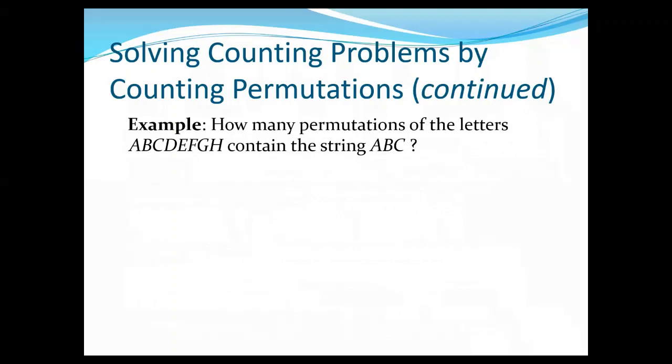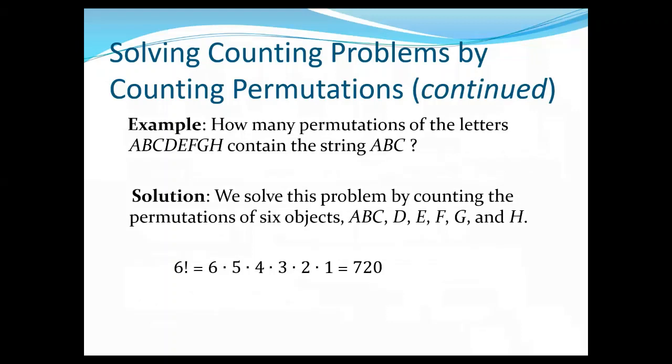So our solution will be 6 factorial, which is equal to 720. Again, why 6? Because we consider ABC as 1 element. We cannot change or alter the order of ABC.